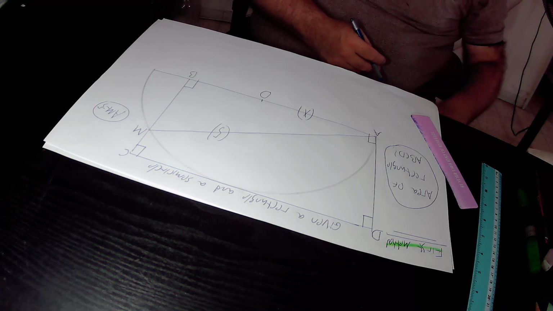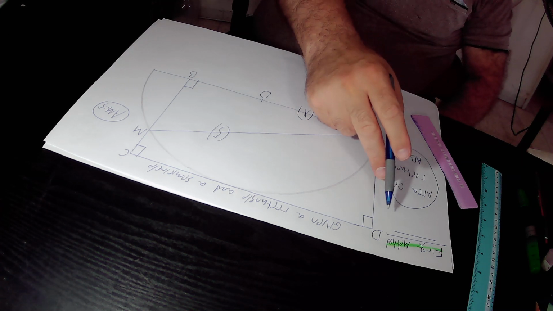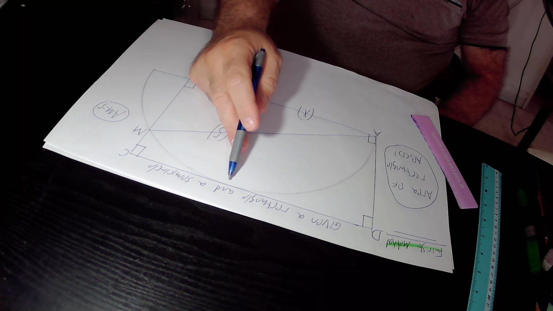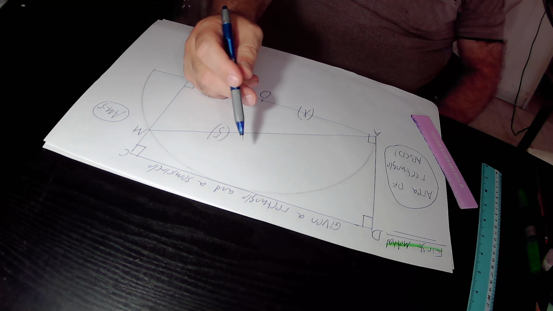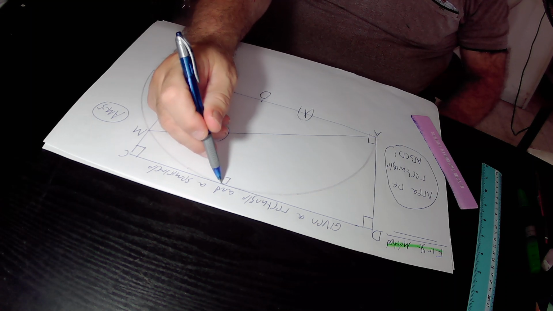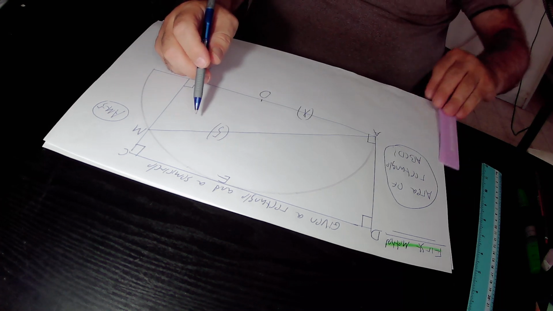In the next step, we'll define the point of tangency of this tangent DC with this semicircle. This point is point E. And we'll join points O and D together by a straight line.